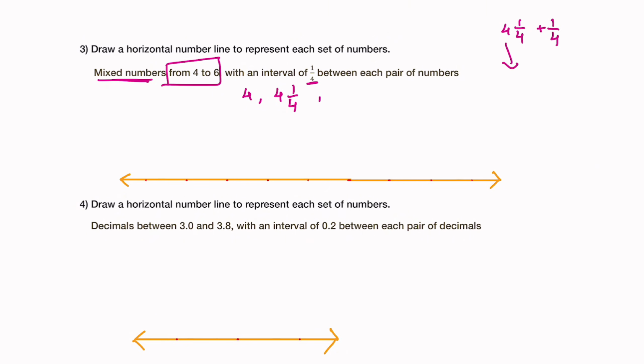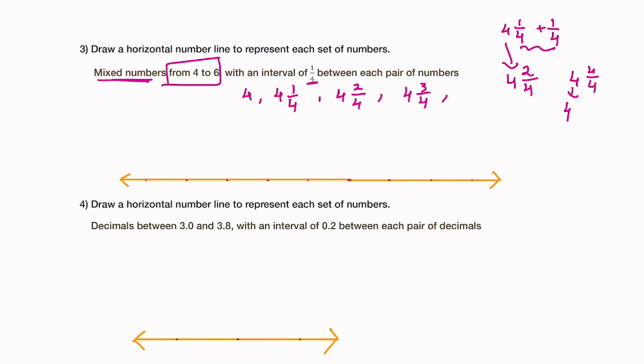So this 4 remains as it is, and both have the same denominator, right? So we write the denominator as 4 and 1 plus 1 is 2. So that's the next fraction, right? So we say 4 2/4. Now you know how they're going to increase, right? 4 3/4. Then 4/4 will be what?